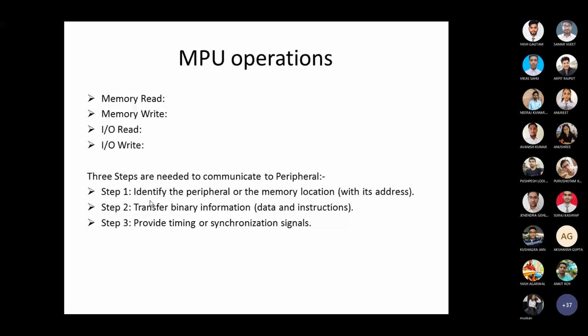Similarly, input output read: we can give the input from different input peripheral devices, and when there is a signal for read, the data from the input device will be stored in a particular location of that device. Suppose a device is connected, the device has reserved a particular address in the memory. Then whenever we enter the value from input, that data will be written on that memory location.